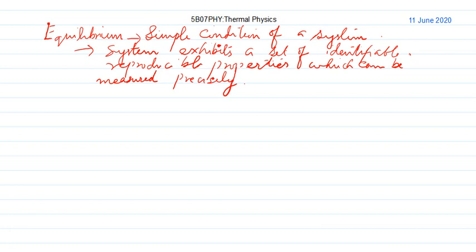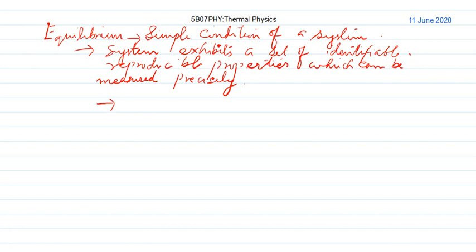So this is why it is a much sought after condition of the system. The system will be exhibiting a set of identifiable and reproducible properties which can be measured precisely. And we can say that the properties of the system will be independent of time.